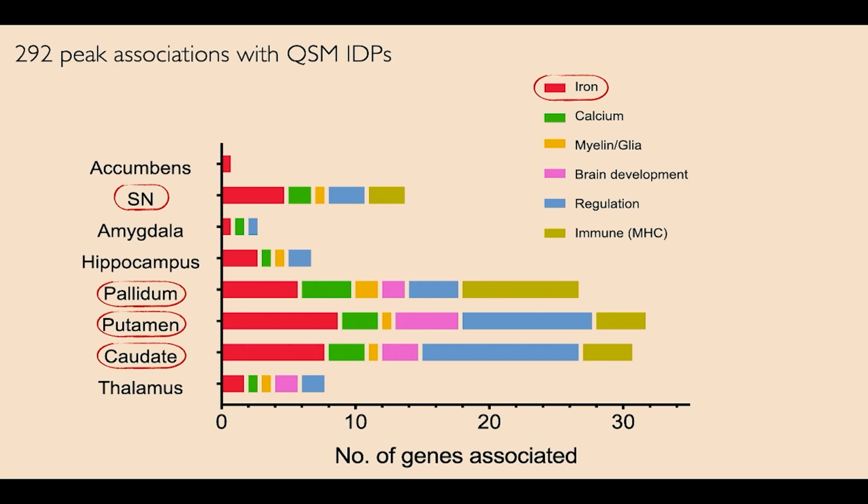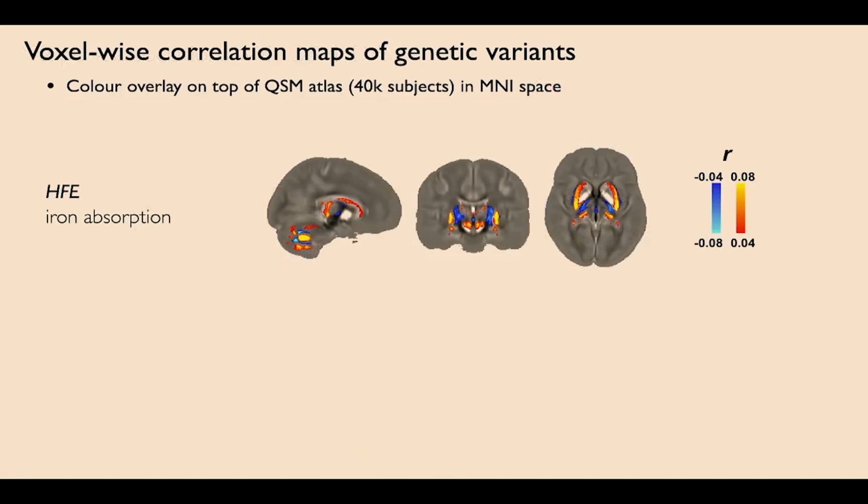So this is IDP-level results. What we can also do is this at the voxel-wise level. Producing IDPs is an efficient way to reduce data size and to discover new associations, but it loses the rich spatial information in our MRI voxel-wise maps. After identifying genetic variants of interest, we can further explore the spatial patterns of these associations.